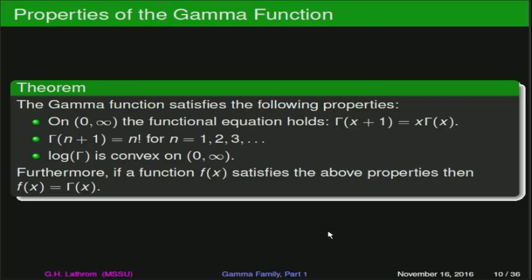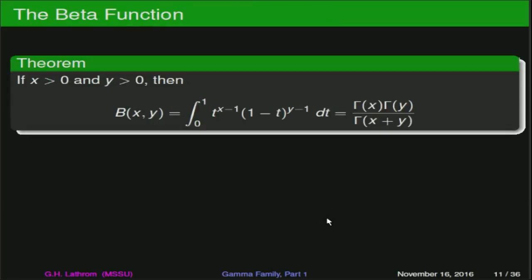So now a function that's kind of closely related to the gamma function is called the beta function. Now the beta function, if you go back and read the article by Davis, is probably the function that Euler actually started with. It's actually a function of two variables, x and y.